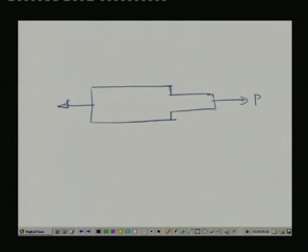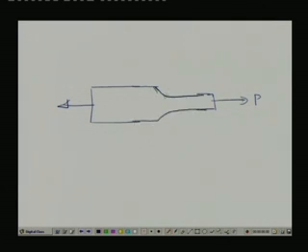One thing you should remember is that such abrupt change of the cross section in designs should be avoided. Instead, one can think of a situation like that, a smooth transition.